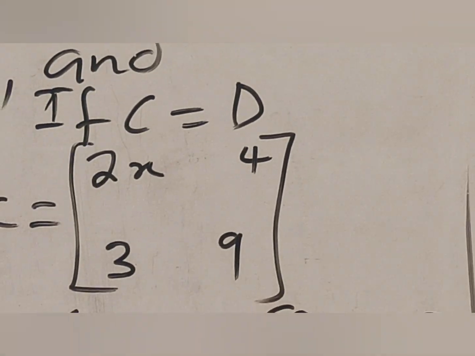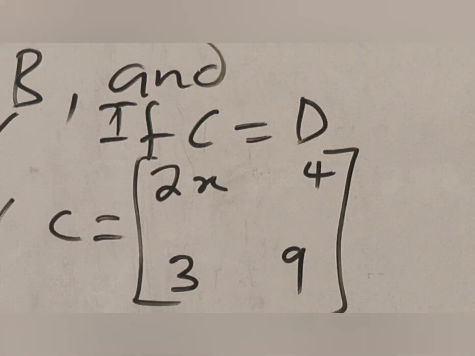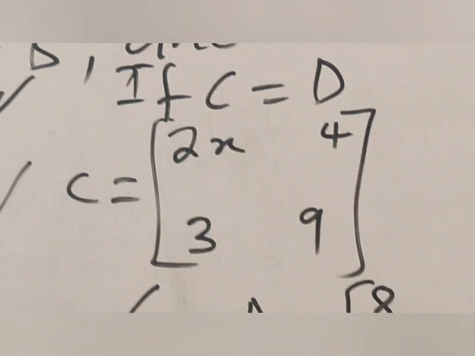That's the second example we're looking at. If matrix C is equal to matrix D, find the values of x and y.